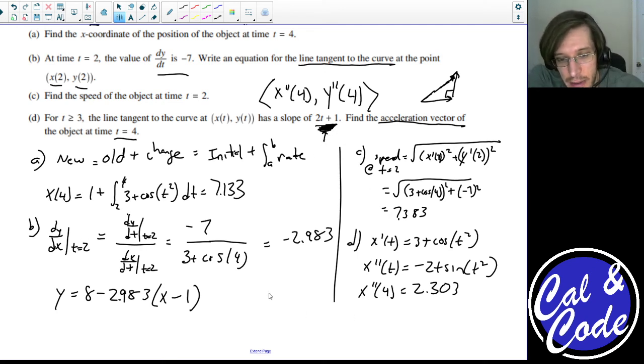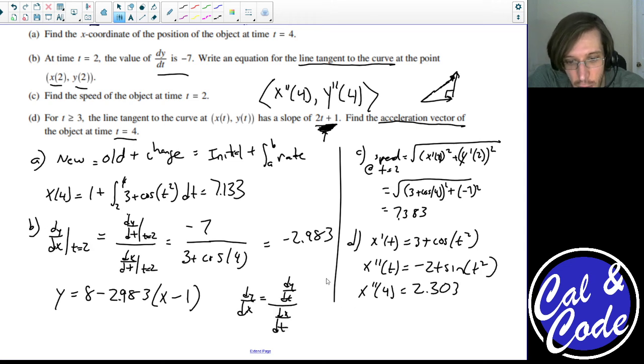So dy/dx, which is what they gave me, is equal to dy/dt over dx/dt. I do not know dy/dt, which is the thing I don't know, but I do know dx/dt, and I have a formula for dy/dx.